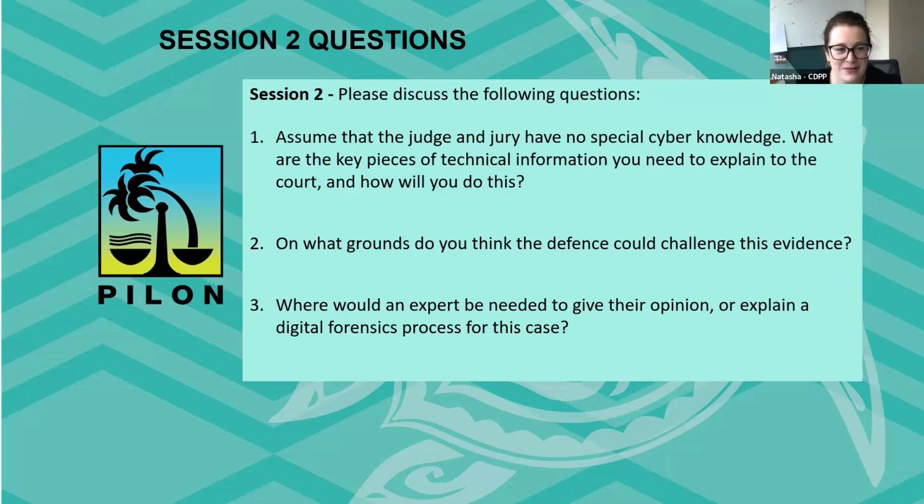Has anyone got any ideas before I jump in? One of the things I've found is that where people don't have that expertise, so for example, I often think my grandfather can't operate a mobile phone except to dial someone. So how do we explain to him how this works? And what specific things are crucial to my case that I might need to explain and have someone understand?